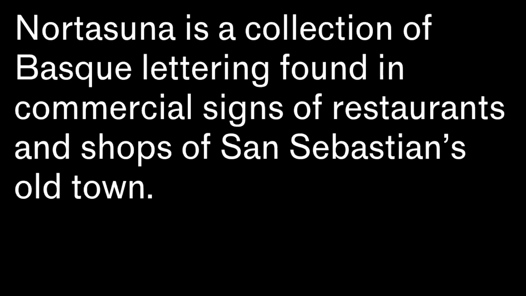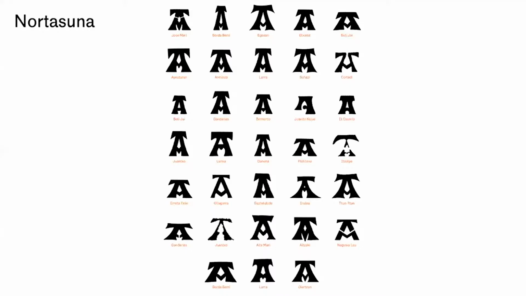Okay, the next project is called Nortasuna. It's a collection of Basque lettering found in commercial signs of restaurants and shops of the San Sebastian Old Town. This ubiquitous lettering is part of an urban landscape of many Basque towns.